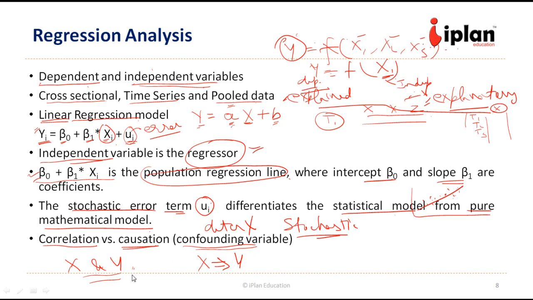When x and y are correlated, they might have a relationship directly with each other, or there might be a third variable, a confounding variable, which is related to both x and y, and which is the real reason behind their correlation, and they are not causing each other. They might be totally unrelated.